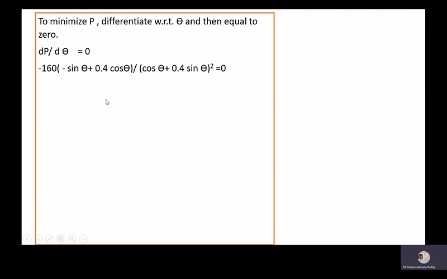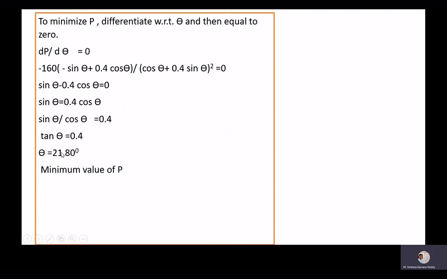After simplifying this, that is sin theta minus 0.4 cos theta is equal to 0. Sin theta is equal to 0.4 cos theta. That is tan theta is equal to 0.4. Theta is equal to 21.80 degrees.